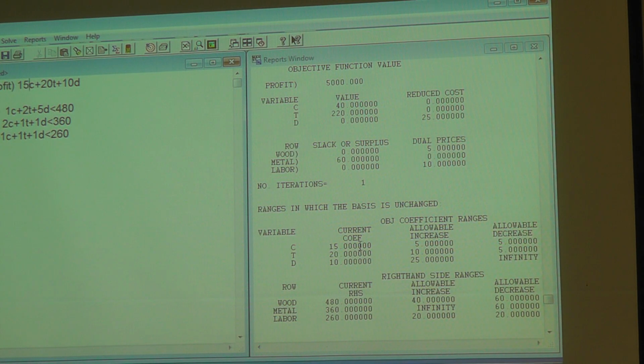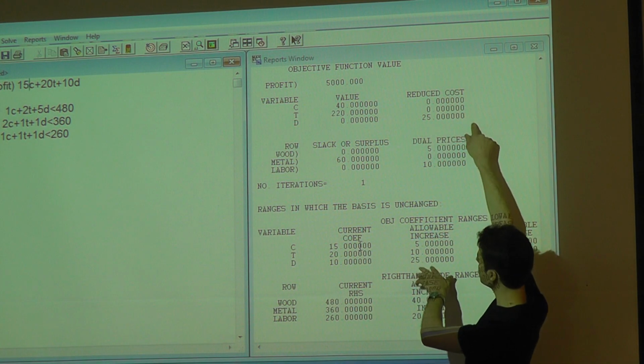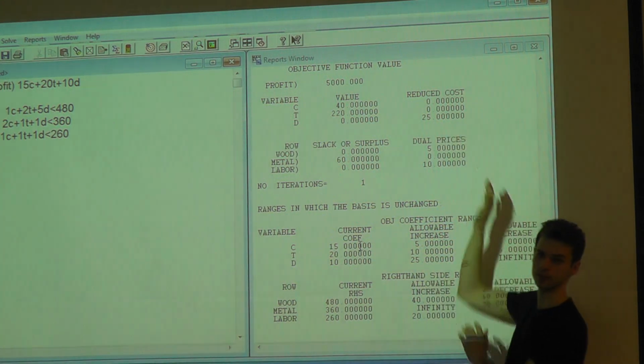So how much should you increase the profit from the sale of one door for it to be actually a good idea to produce one door? Well, the answer is, if you increase it by 25, you're indifferent between producing doors or not producing doors. But if you increase it by 26, now you can do better by actually producing some doors. So this 25 and this 25 are actually the same thing.